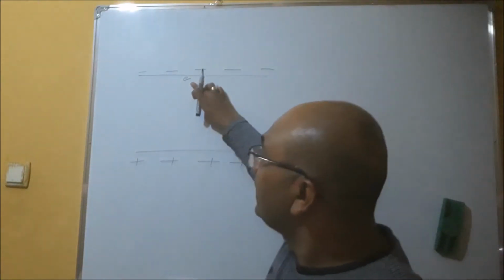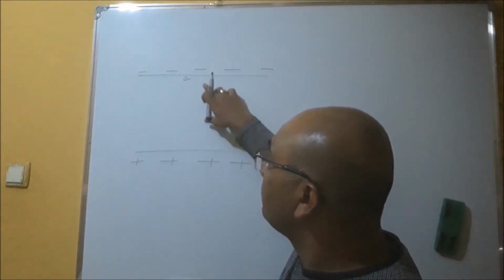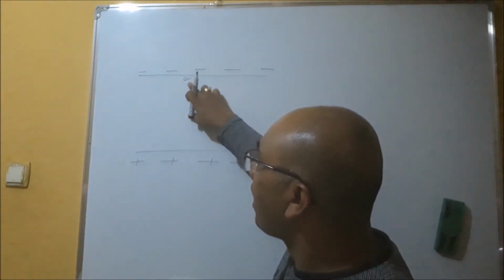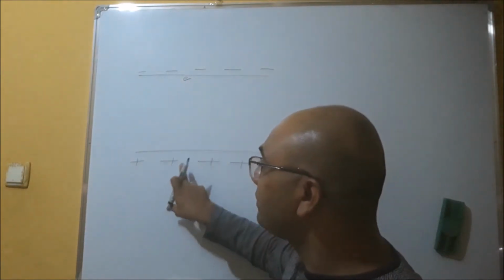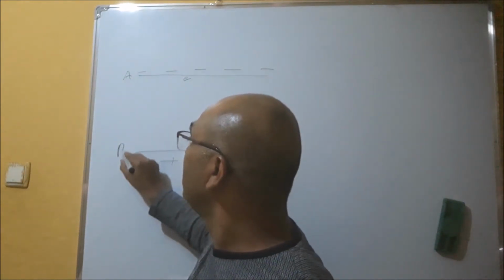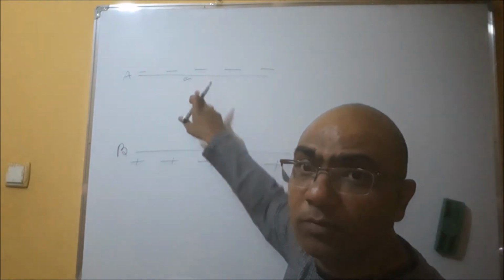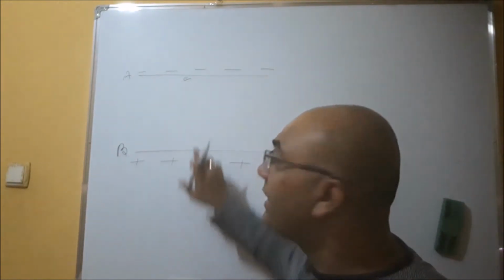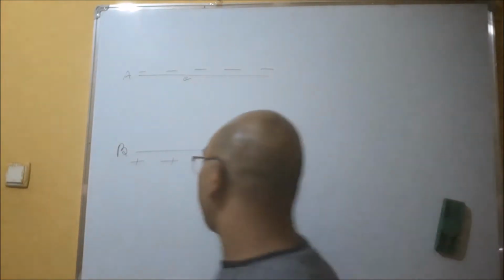So if the electron is here, the question is how much time this electron will take to come from this plate to this plate. Say this is plate A and this is plate B. Initially it is at rest.